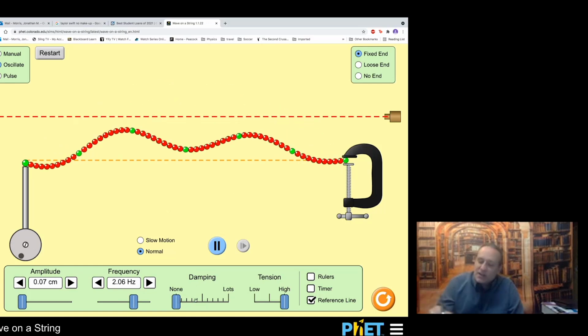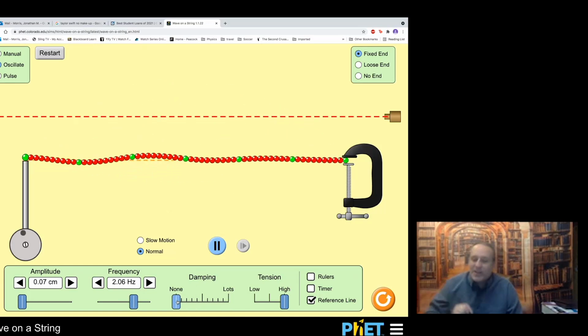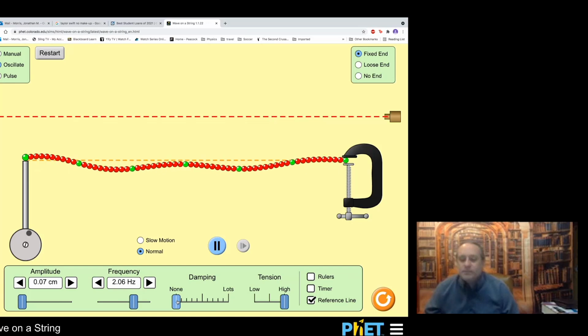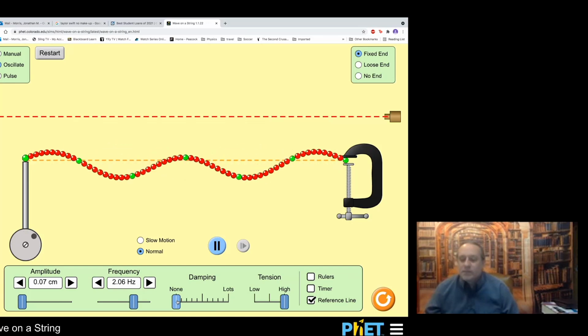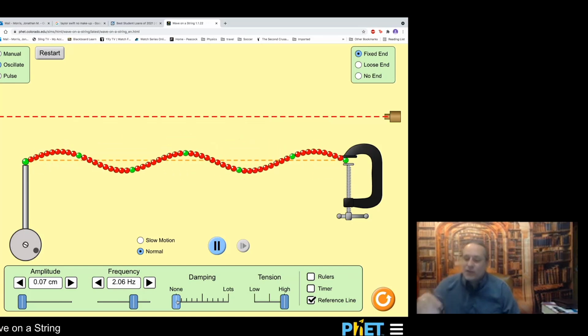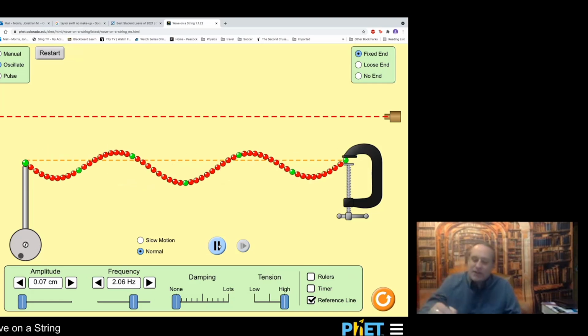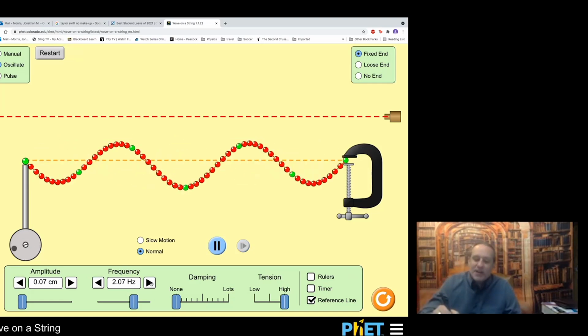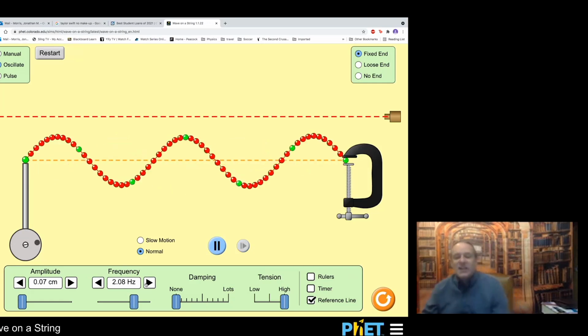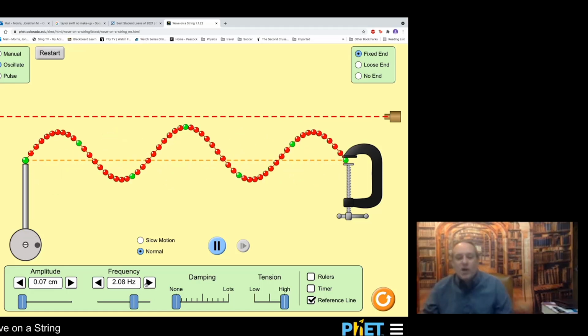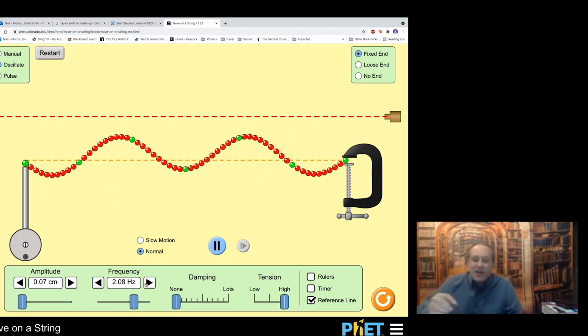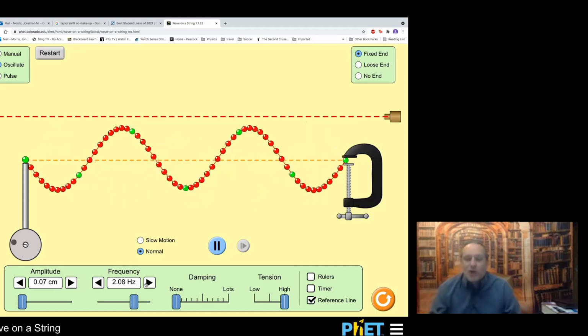Let's just see what we get. Okay, so that does kind of look like 1, 2, 3, 4, 5 peaks. So this won't be exactly right, but it definitely gets me in the ballpark quickly, and then I can start nudging the frequency up a little bit, down a little bit, and try to see which frequency gives me an oscillation that eventually grows off of the page.